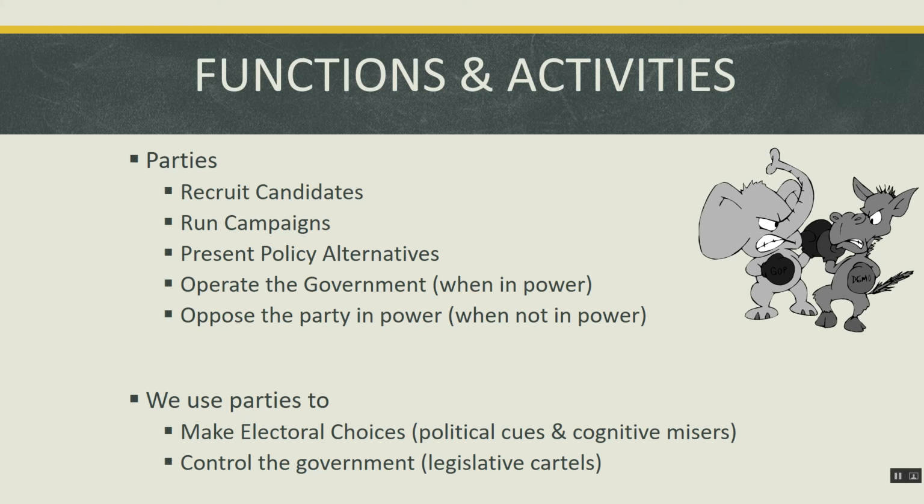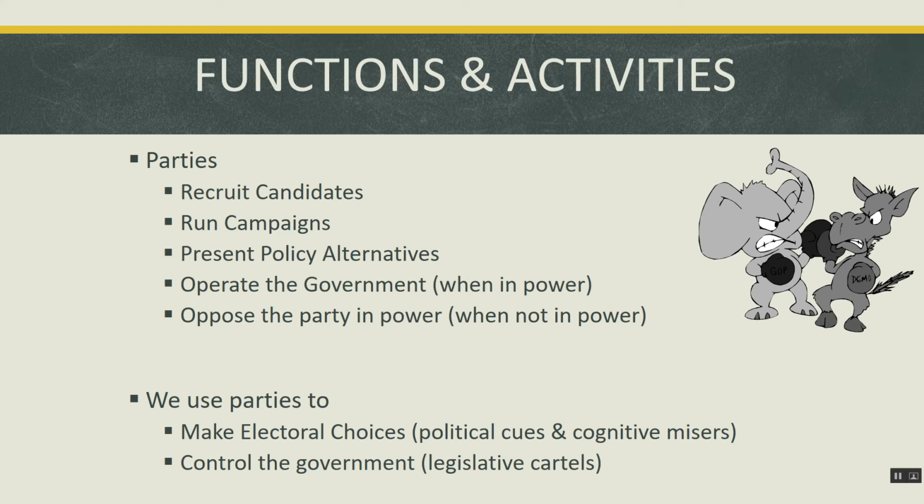And what we're going to find is that we, the American people, sometimes benefit from the presence of political parties. Because even though a lot of us are very dissatisfied with both of the major parties, Republicans and Democrats, political parties make it easier for us to cast informed ballots. We don't have time necessarily to research the positions of every candidate in every election on every issue that we might care about, but fortunately we don't have to.